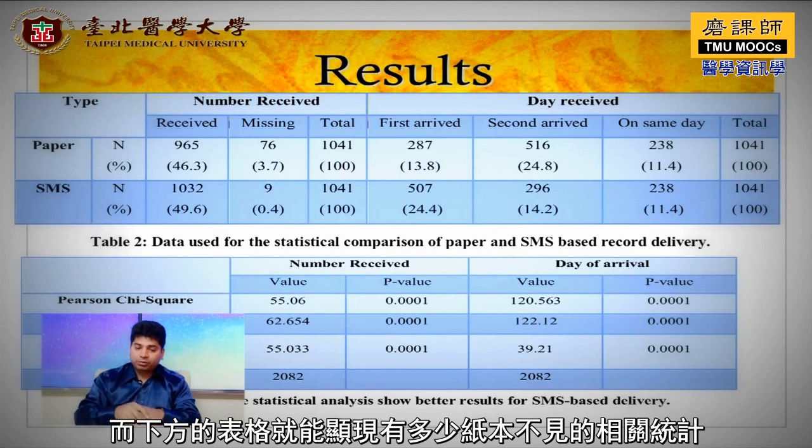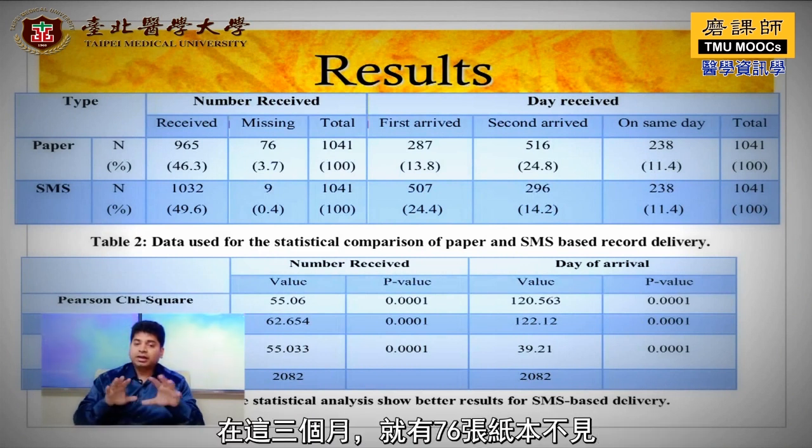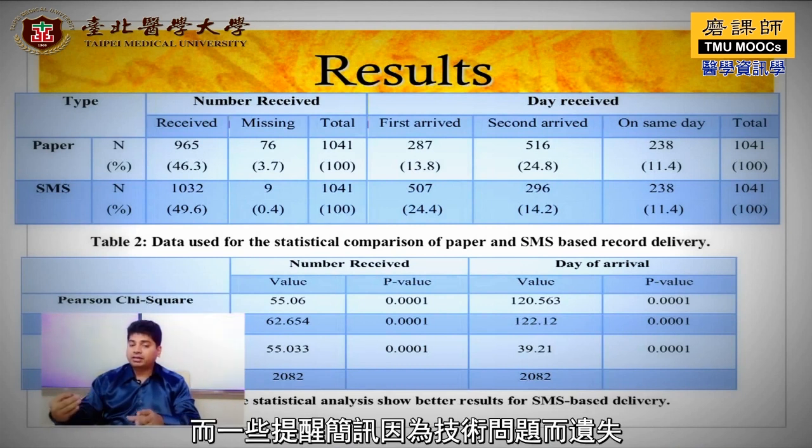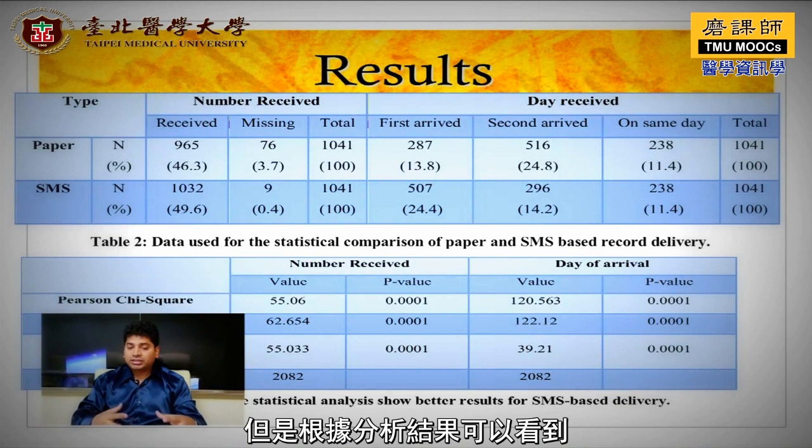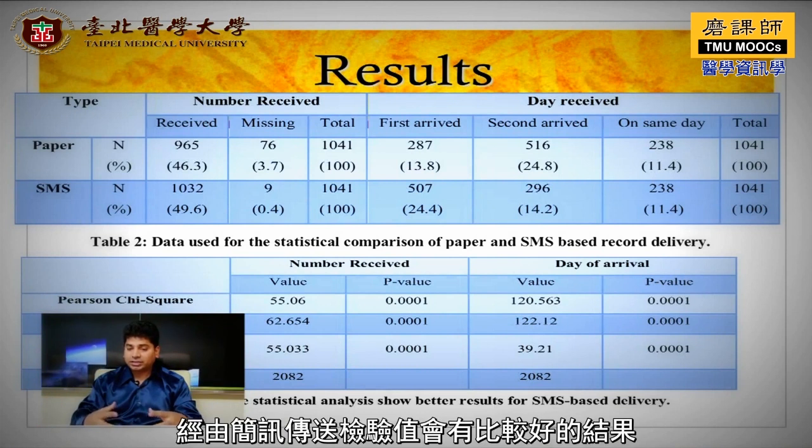And in table 3 you see how many were missing, because we were also worried about that. Here, 76 paper results were missing in these 3 months of our study, and there were 9 SMS missing, which was on the same day because of some technical problem. The statistical analysis shows better results for SMS-based delivery.